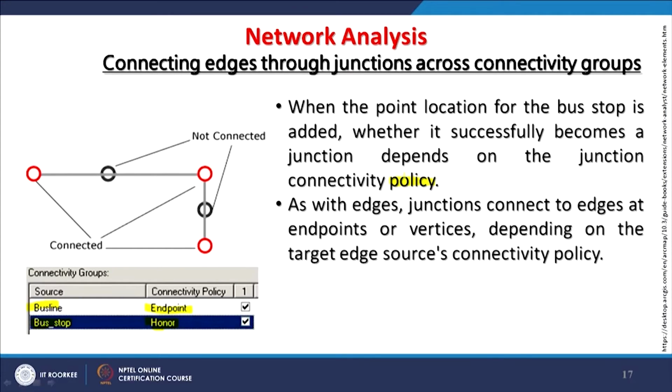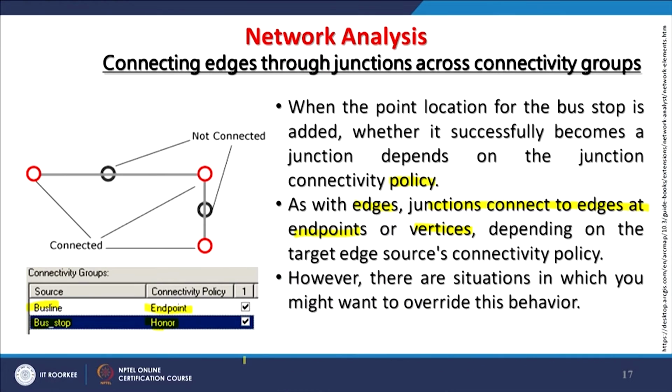So, we have to define policies for how these junctions or other multimodal systems will work. As with edges, junctions connect to edges at endpoints or vertices, and this will depend on the target edge source connectivity policy. So, a lot of declaration to the system has to be done, that this is what I want, this is what I do not want, and that basically becomes our policy.